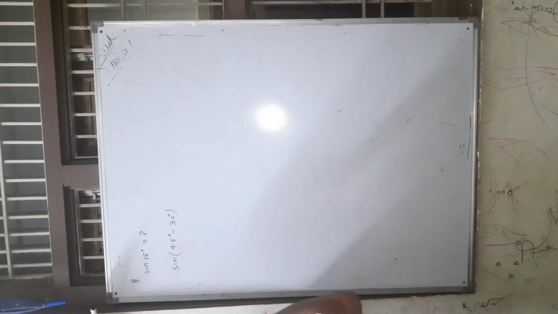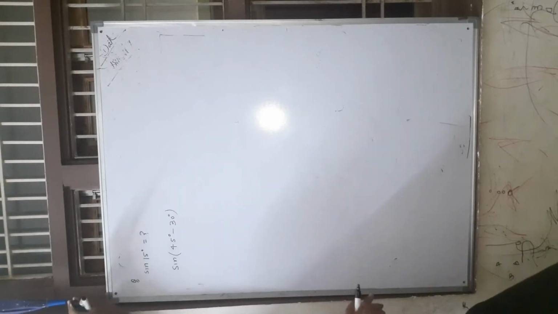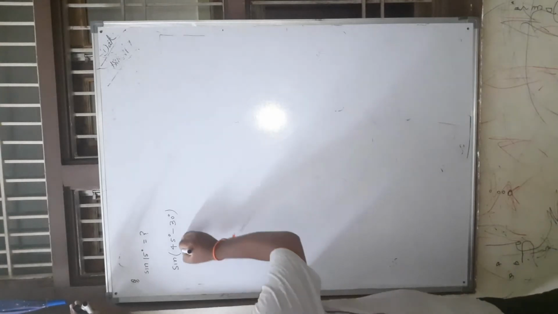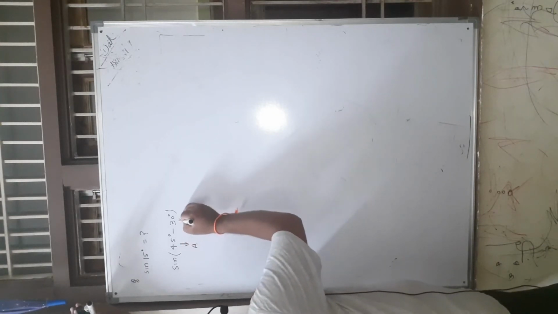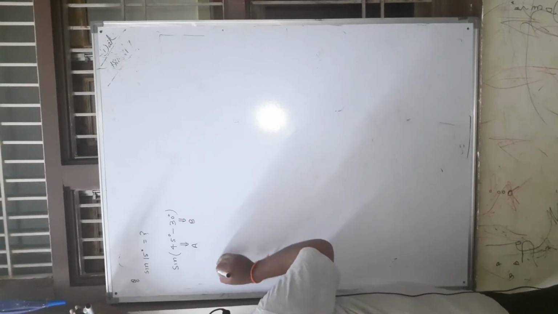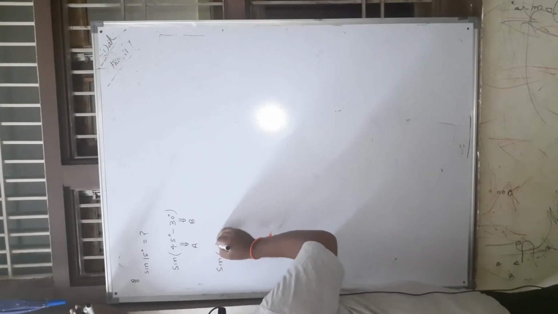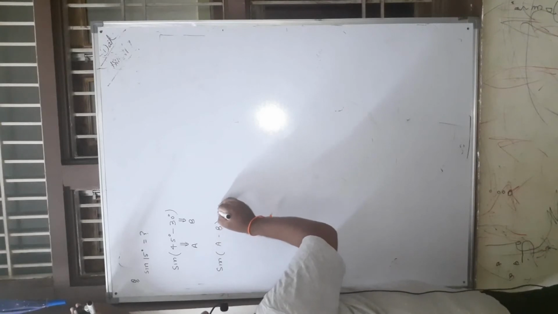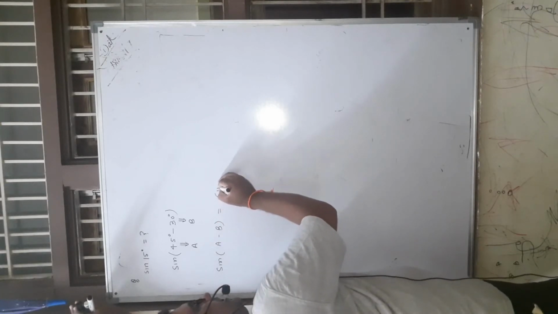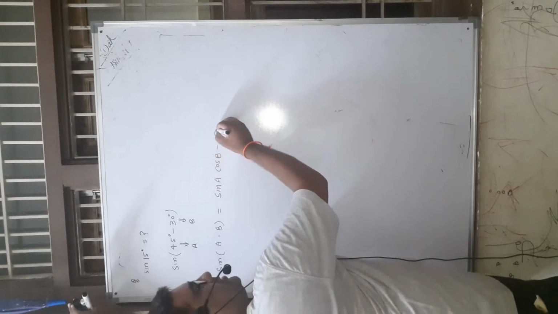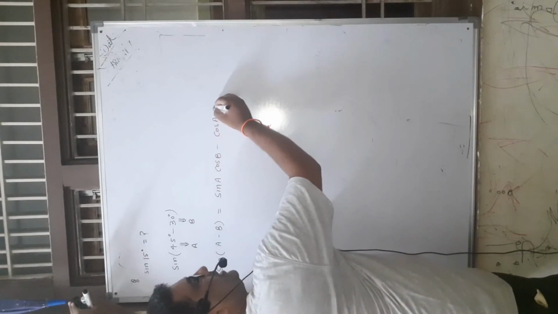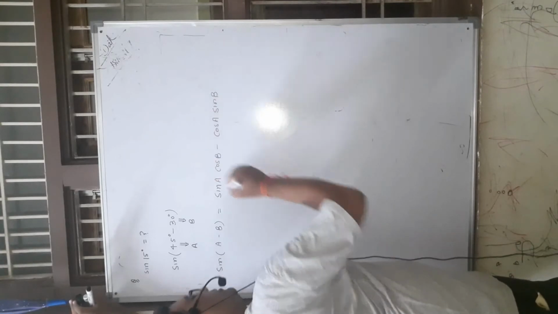As all of you know the formula for sine A minus B, what is the formula of sine A minus B? Sine A cos B minus cos A sin B. All of you know this formula.